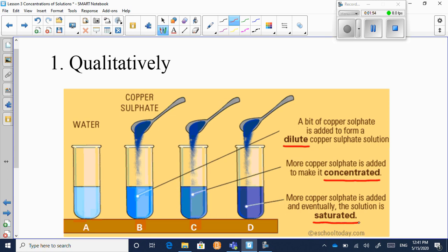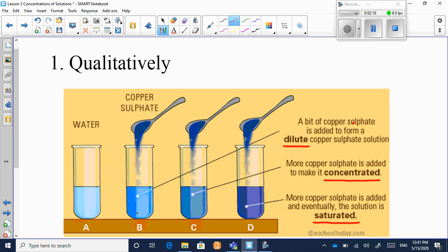Look at what we've got here. Here's a test tube with just water in it. And in the first test tube, I've added a little bit of copper sulfate. I can see a spelling mistake there. It should be S-U-L-F-A-T-E. Anyway, as you add copper sulfate, you can see that the liquid starts turning a light blue color.